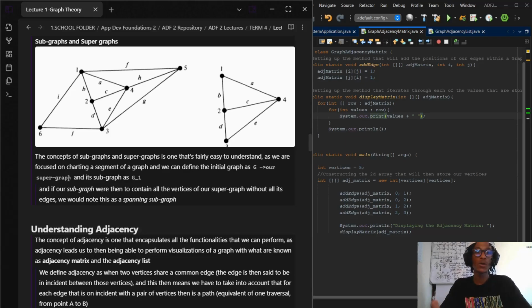If our subgraph were to contain all the vertices of our supergraph without all the edges, we would note this as a spanning subgraph, spanning across the entirety of the graph but without all the edges.